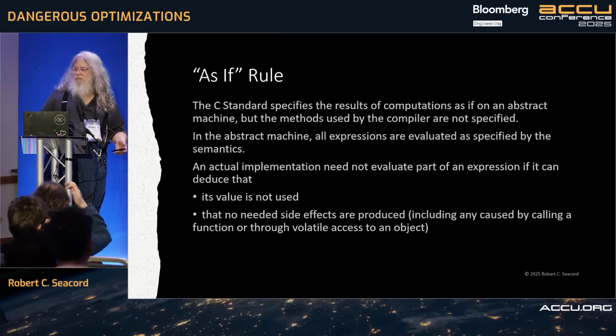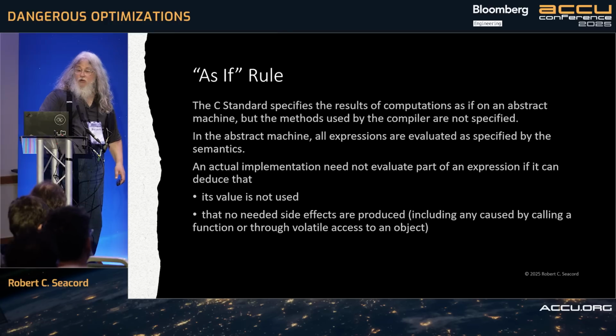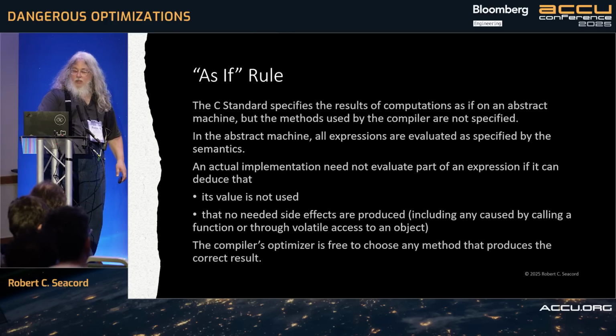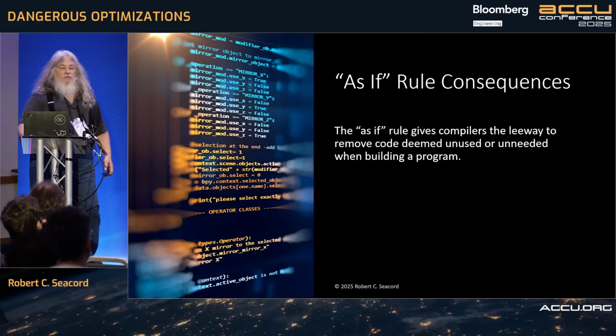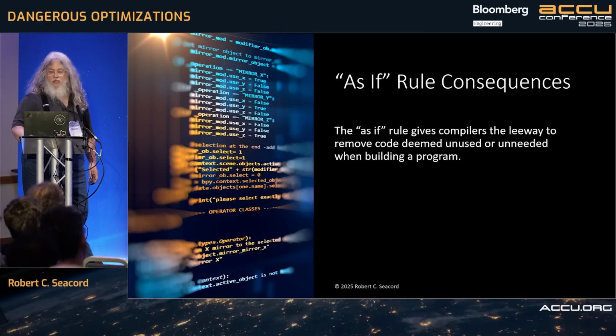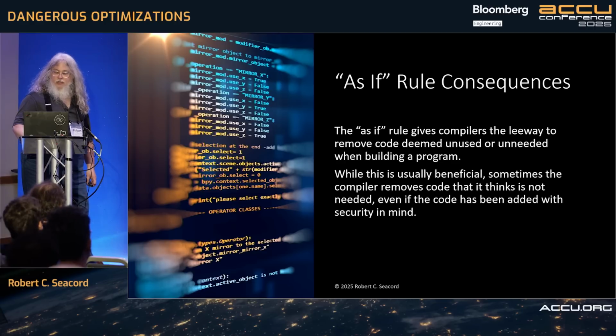So a lot of times compilers will take a simplifying assumption and assume that function calls cause side effects. Again, the compiler can choose any method that produces the correct result. This gives the compiler the leeway to remove code deemed unused or unneeded when building a program, which is generally beneficial.